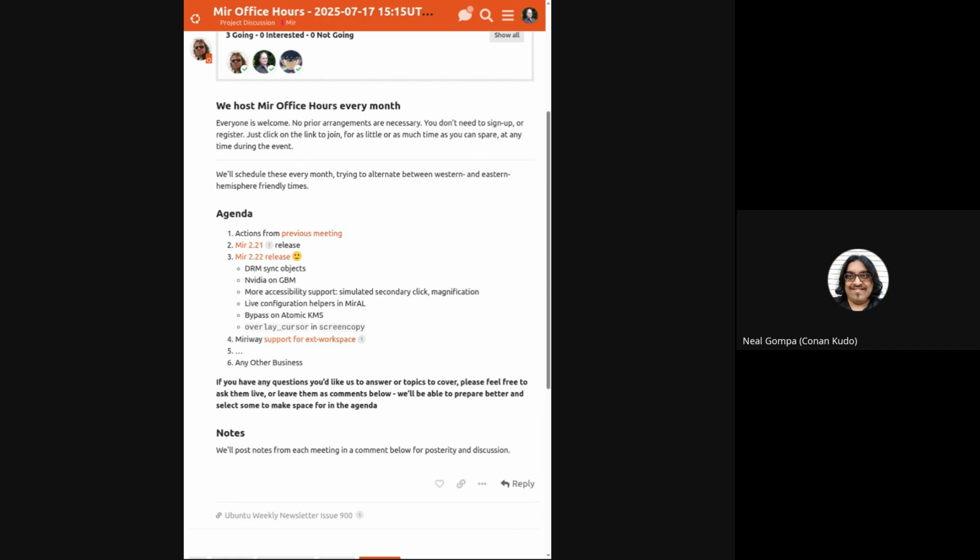Yeah. Also with the live configuration helper stuff in MirAL, is the idea that a compositor could then expose a way to run an executable or a service listener or something like that, that it could then poke and update things? What's the idea of how that interface works?